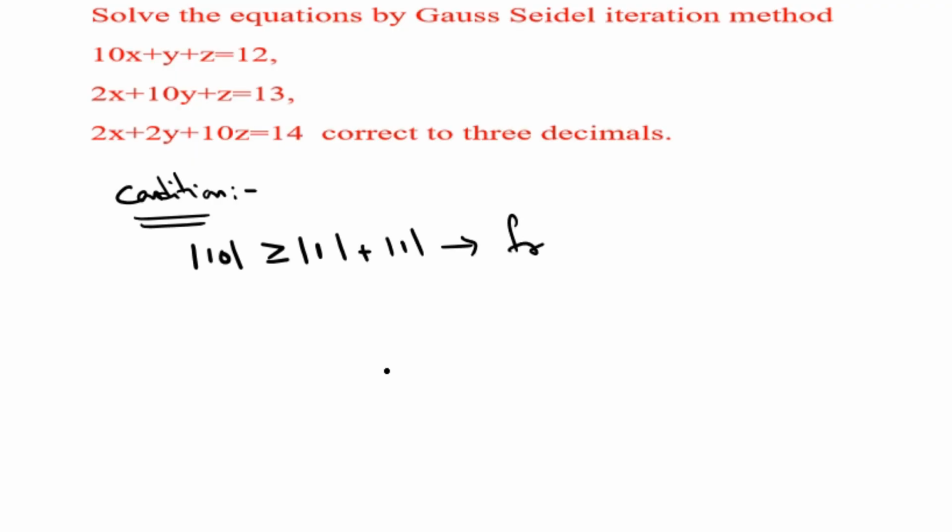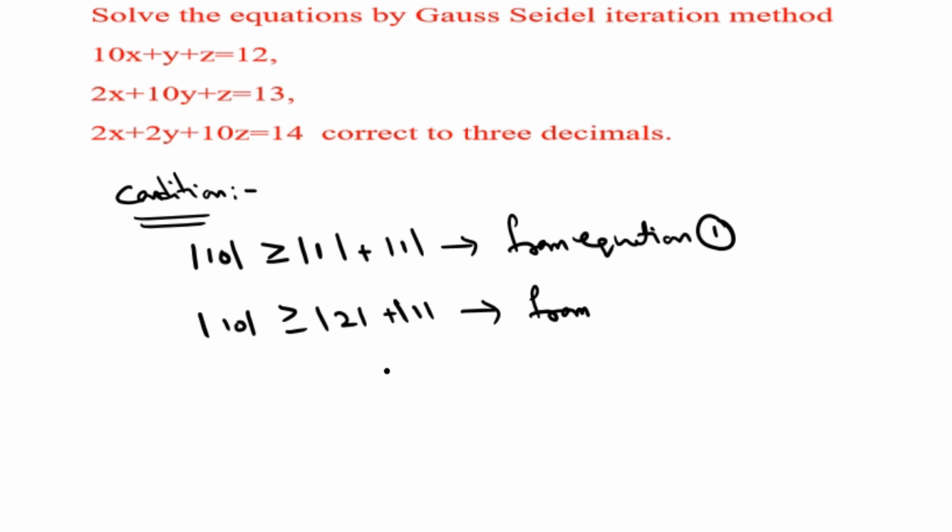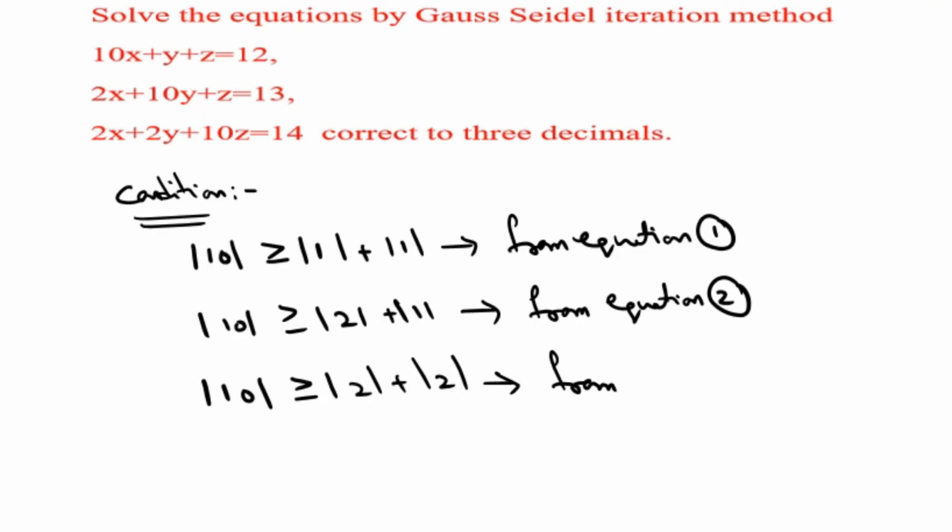This is from equation 1. Similarly, the magnitude of the y coefficient must be greater than the magnitude of x coefficient 1 and z coefficient 1. This is from equation 2. The magnitude of the z coefficient 10 is greater than or equal to the x coefficient 2 and the y coefficient 2. This is from equation 3.